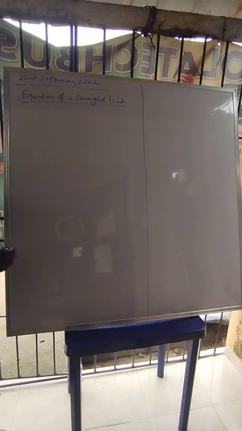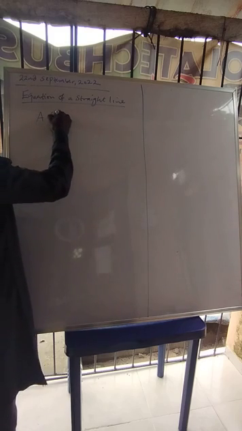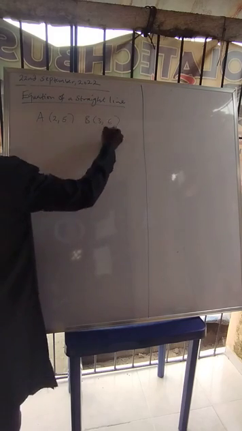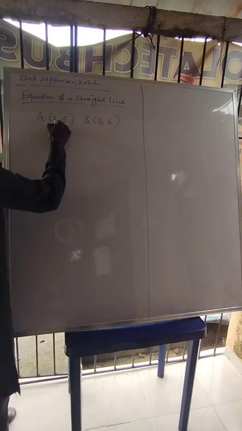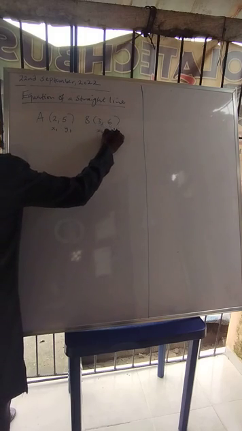Yesterday, we did gradient of a point, and we considered 2 points, A (2, 5) and B (3, 6). So we call this x1 and y1, and we call this x2, y2.